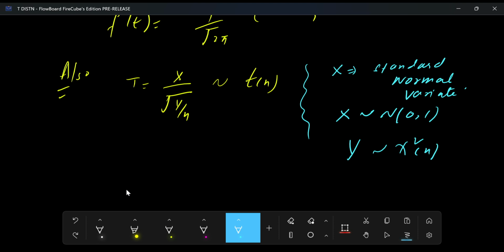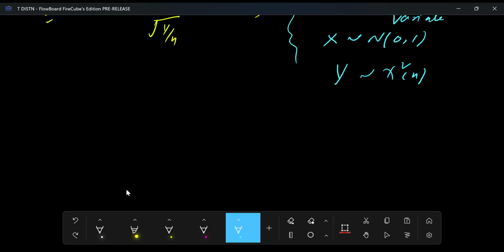So see, here in the numerator we have normal, and in the denominator we have the chi-square with n degrees of freedom. So whenever you see this type of term, simply say that it will follow Tn.